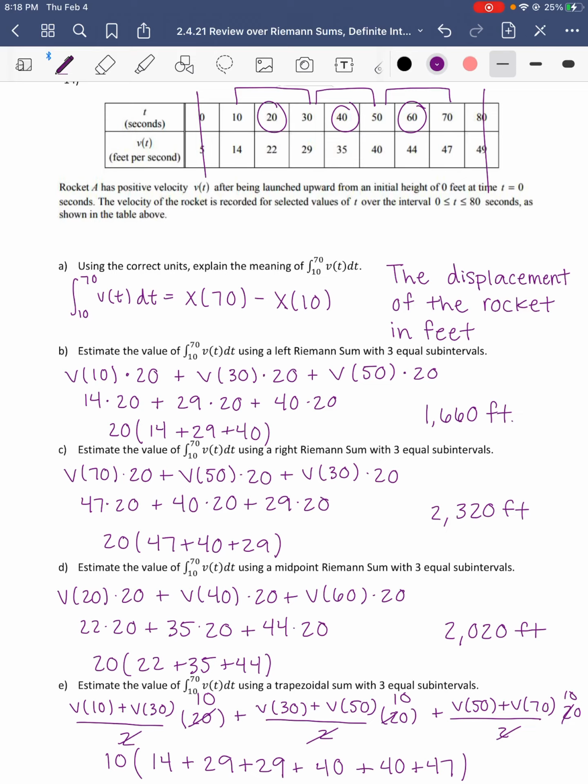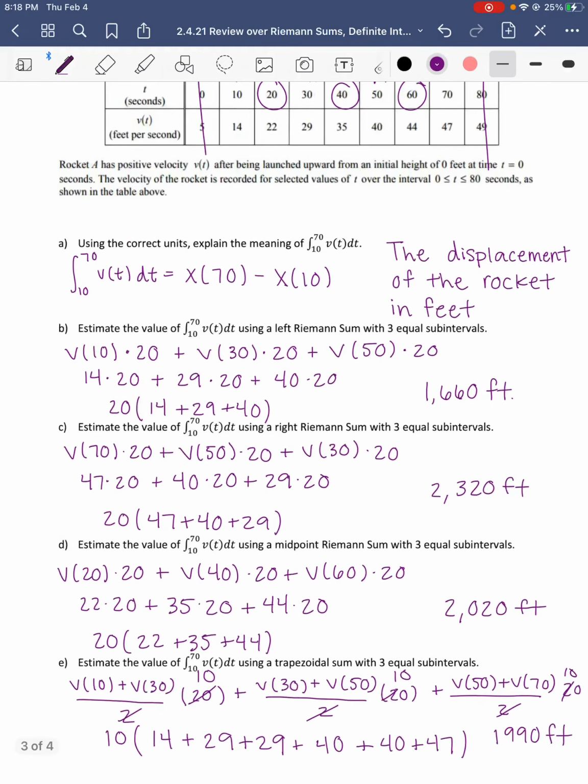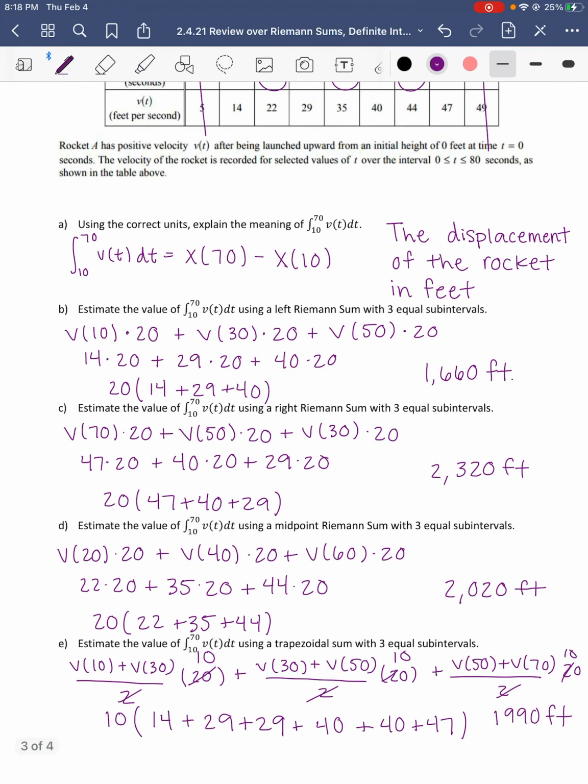So let's use the calculator, see what we get. 14 plus 29 plus 29 plus 40 plus 40 plus 47. And that gives you 1,990 feet. So that's pretty close to the midpoint estimation. And that's how you do all 4 of those.